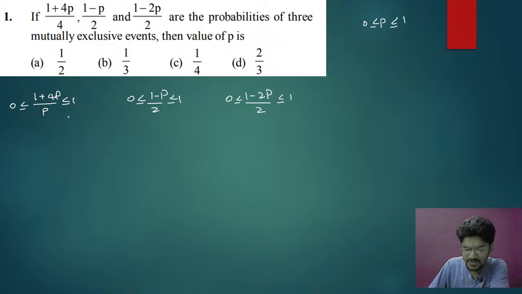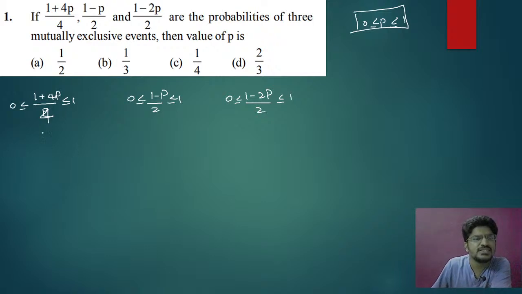First we shall simplify this inequality. 1 plus 4p divided by 4 is from 0 to 1, because the probability is always in between 0 and 1. Now we can simplify this. 4 into 0 is 0, 1 plus 4p, 4 into 1 will be 4. Now I can subtract 1 on all three sides.